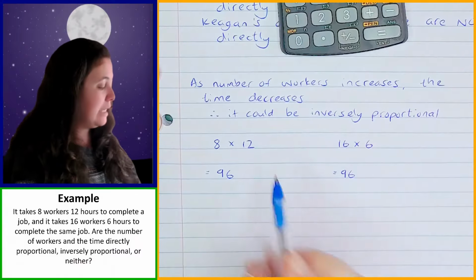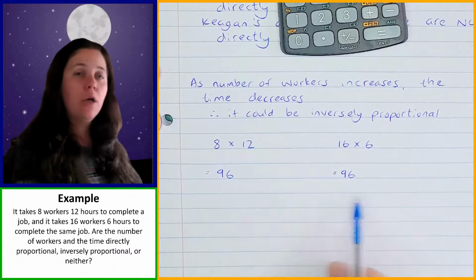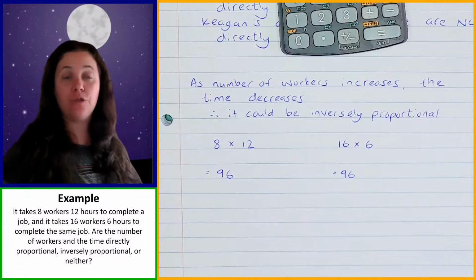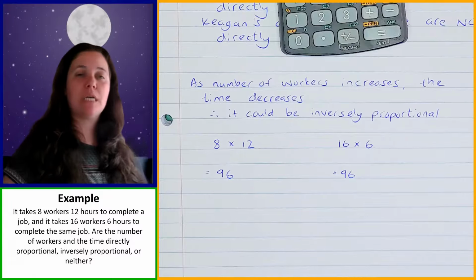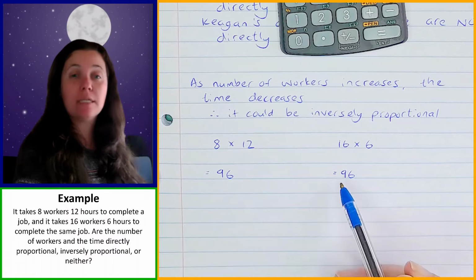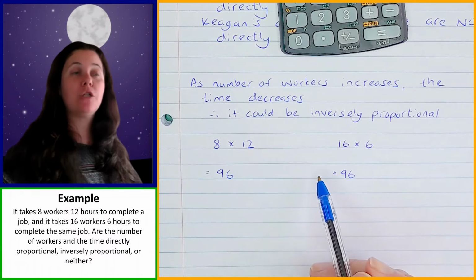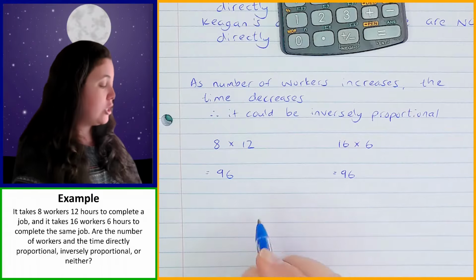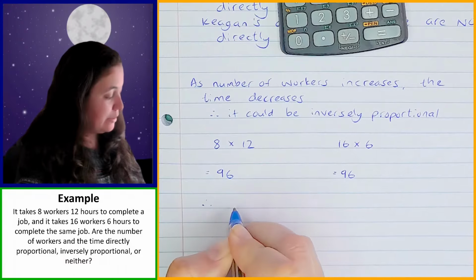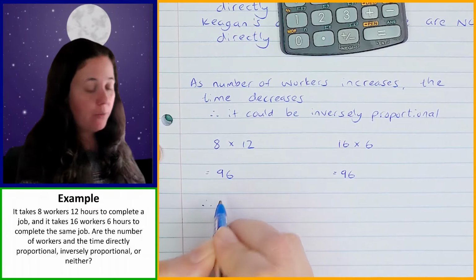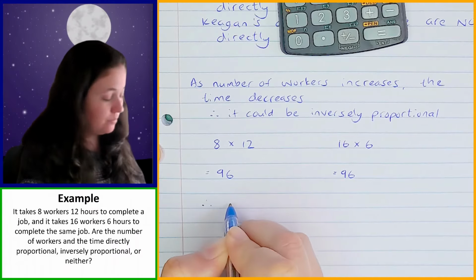So now, because I get the same answer when I multiply the number of workers by the time for the first set and for the second set, I can say it's constant. When I multiply the two variables together, I get a constant result. So now I can say, therefore, the number of workers and the time are inversely proportional.